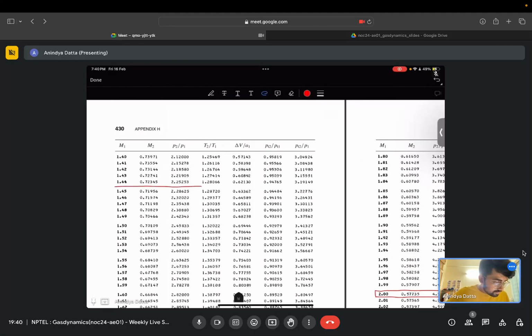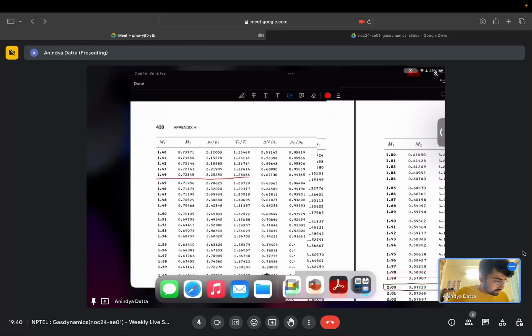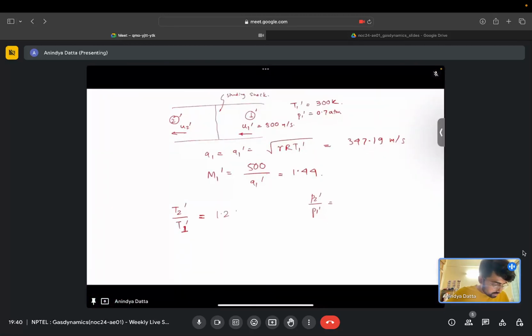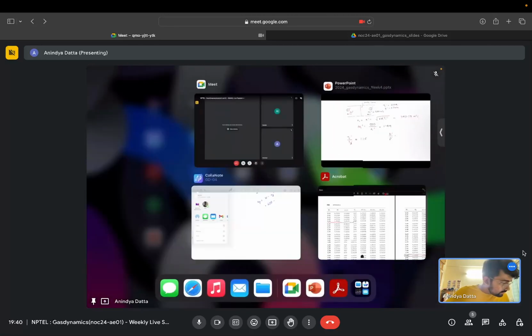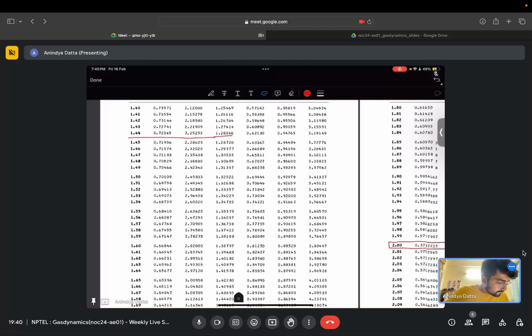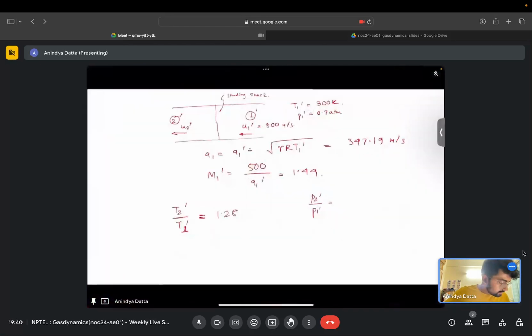So P2 by P1 is 2.25253, and T2 by T1 is 1.28066.